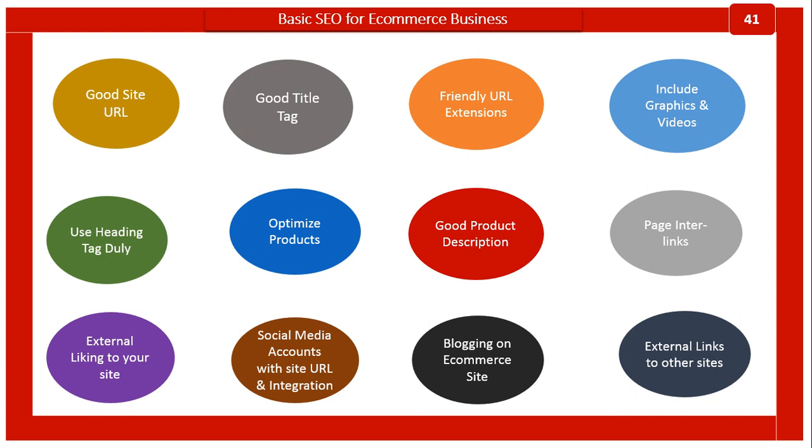Another thing I need to say in product optimization, even though I said part of it in graphics, is that when you're uploading products, always try to use the name of the product. Don't just use image A, image 1. I made that mistake in the past. I saved my images with A, B, C, D, and I was uploading them. If you're uploading a cup, try to use cup.